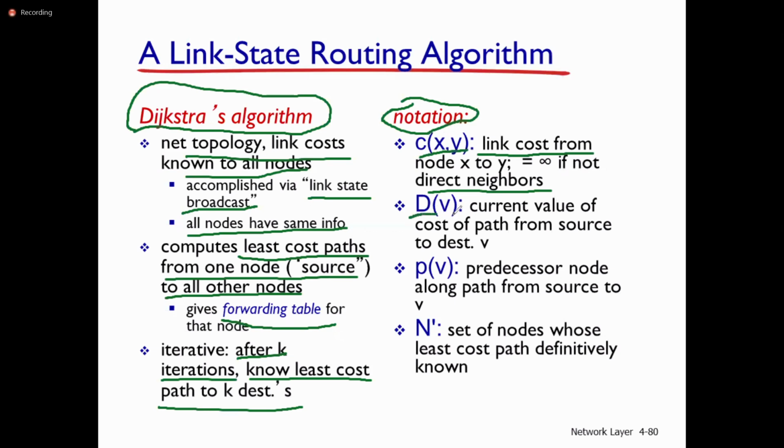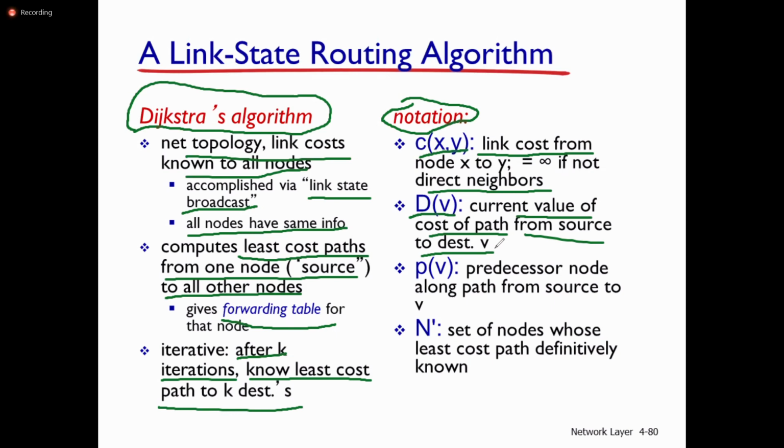Next, D of v is the current value of the cost of the path from the source to destination v, where v is a destination. P of v is the predecessor node along the path from the source to v.